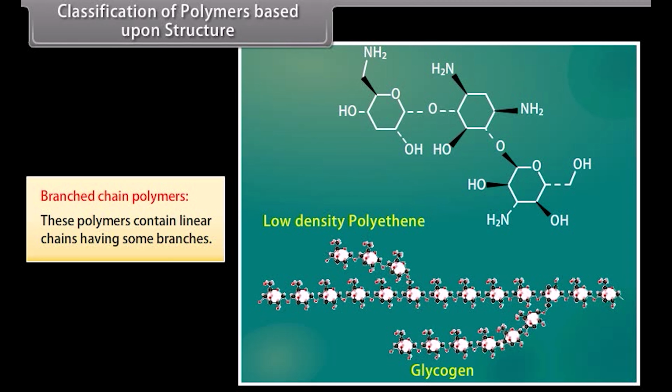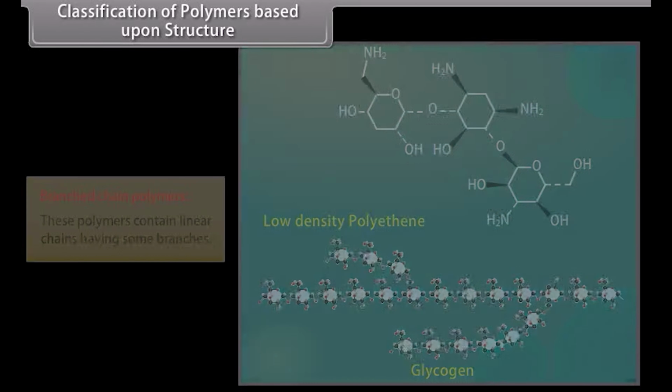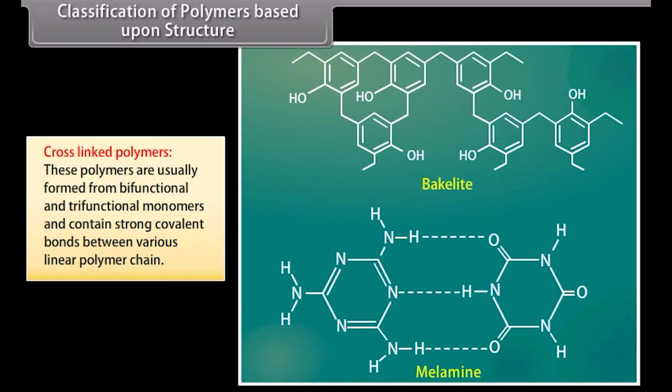For example, low-density polyethylene and glycogen. Cross-linked polymers. These polymers are usually formed from bifunctional and trifunctional monomers and contain strong covalent bonds between various linear polymer chains. For example, bakelite and melamine.